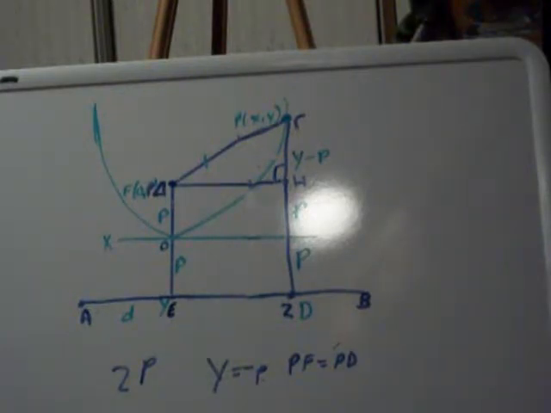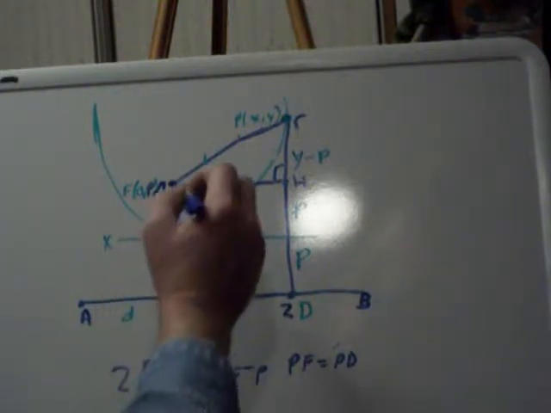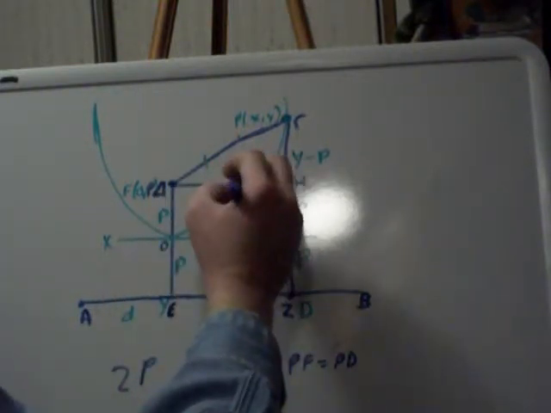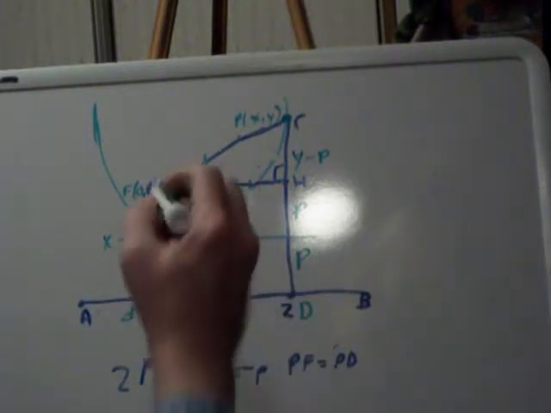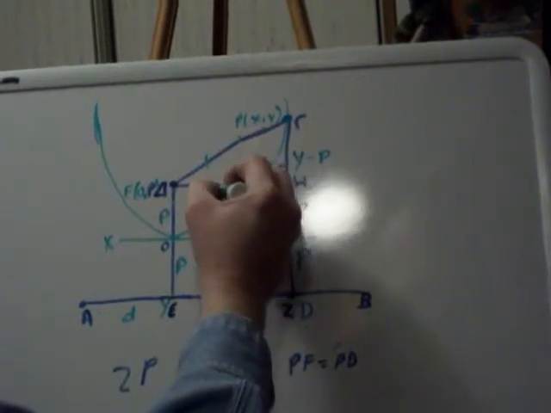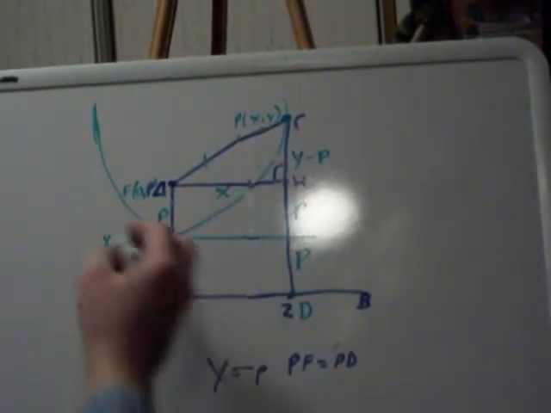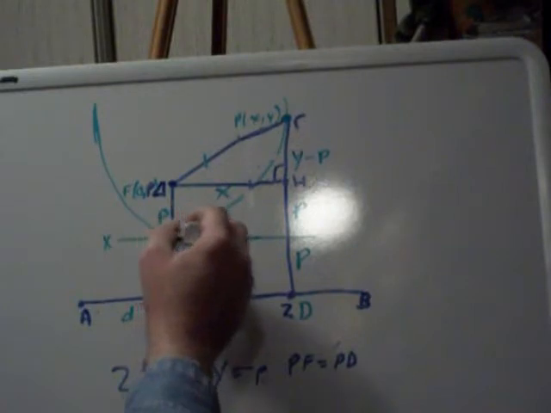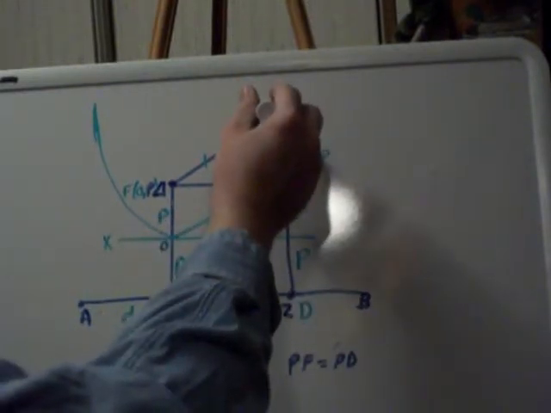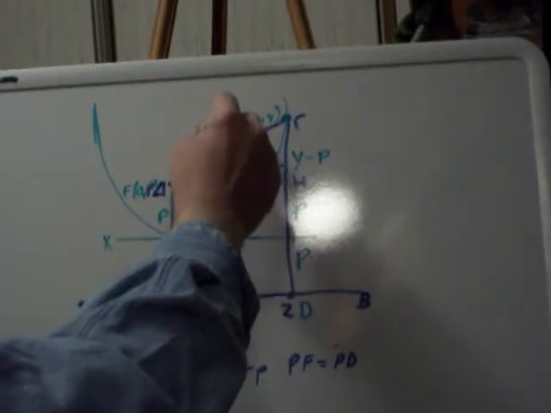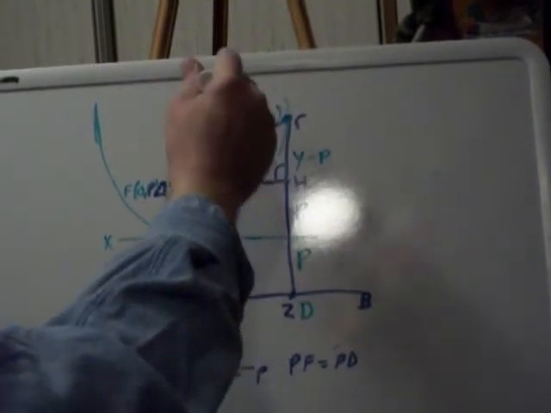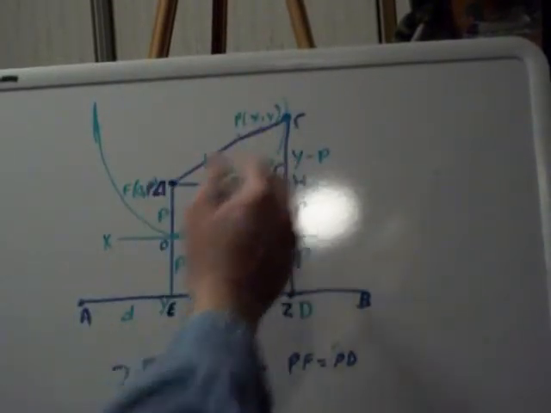Now, the length of this line from here to here is actually x. Because you're on the x-axis, the length of this is from 0 to x. The x-coordinate of capital P, this point capital P, is actually x.